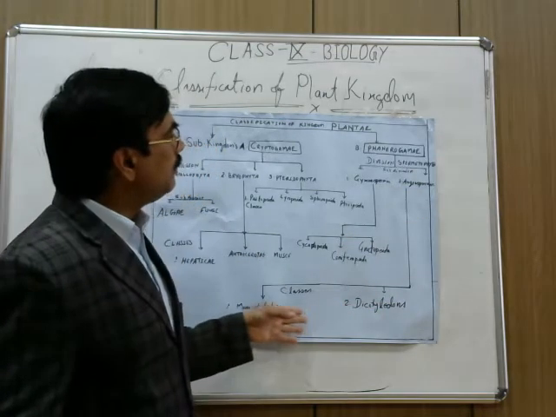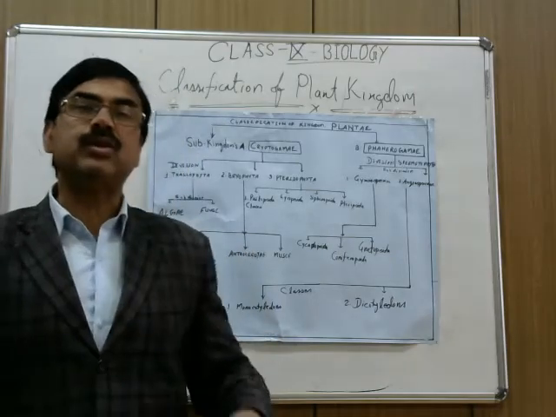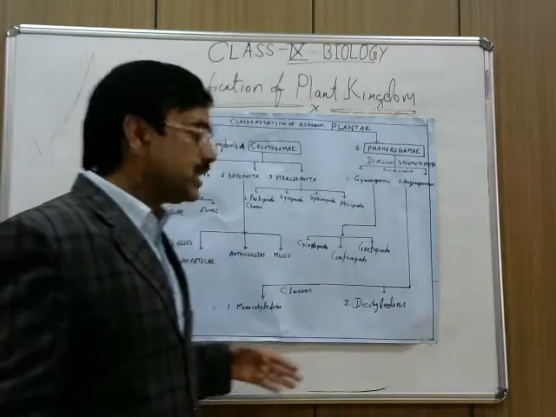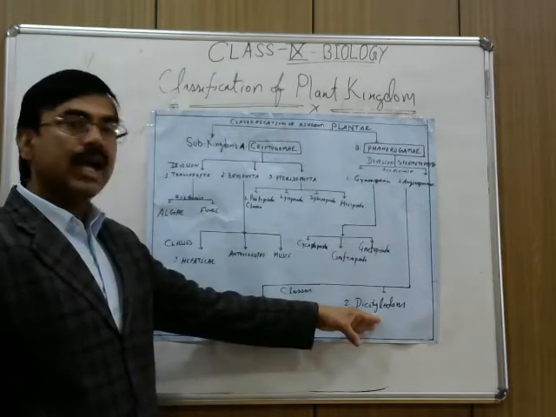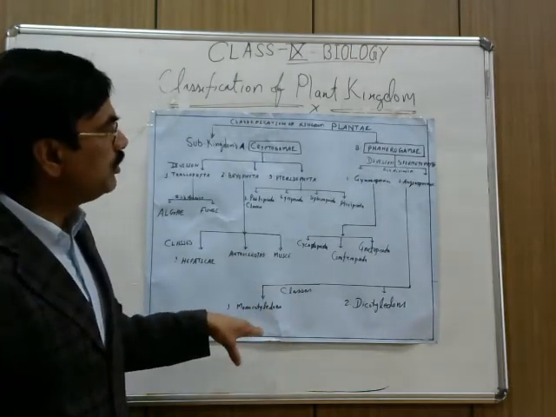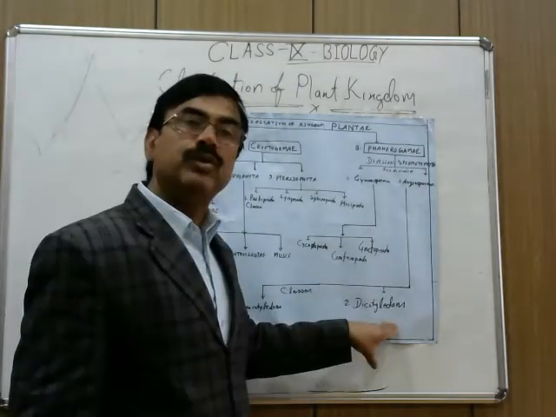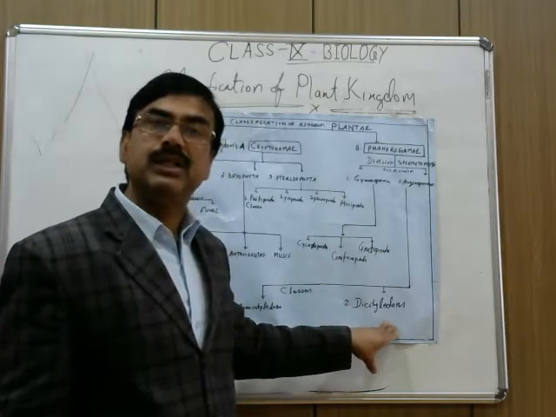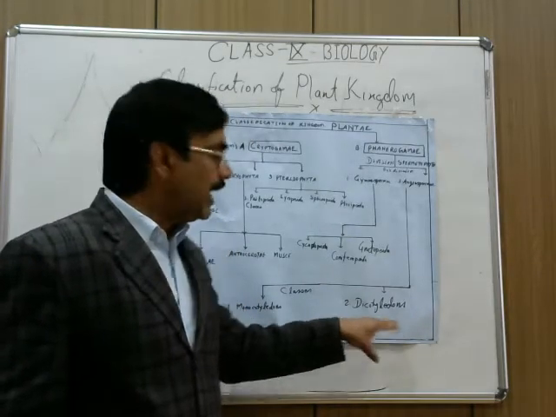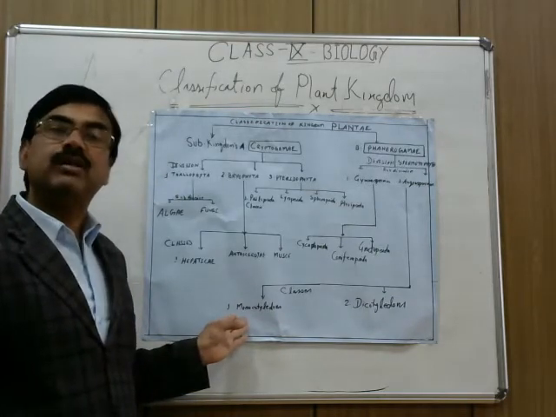And when we go for the further division of angiosperms, it is in two classes: dicotyledons, or dicots, and monocots. Look at this. There are two classes in the angiosperm: dicotyledons, having two cotyledons, or seed leaves, and monocotyledons, having one cotyledon.